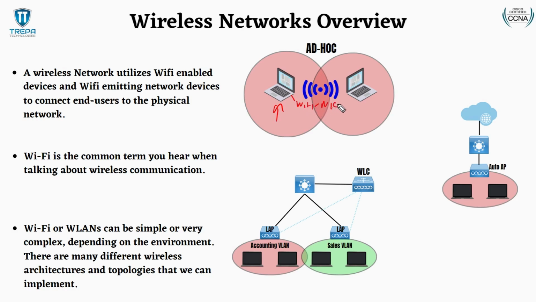In that Wi-Fi NIC card, we have radios that are receiving and sending a Wi-Fi signal, a wireless signal, either to another Wi-Fi enabled device or to an access point to connect back to the physical network that's going to get us out to the internet.